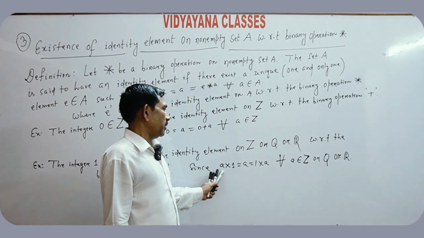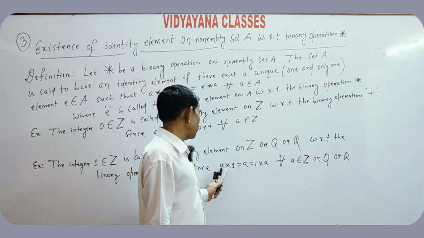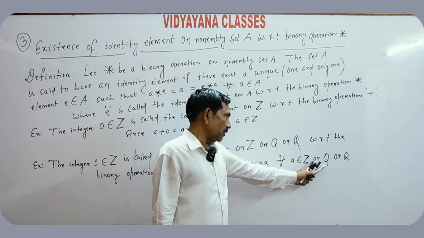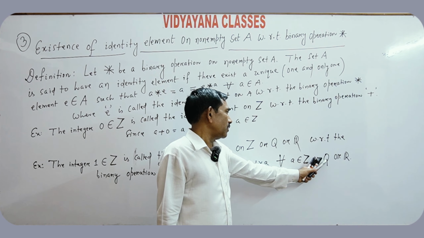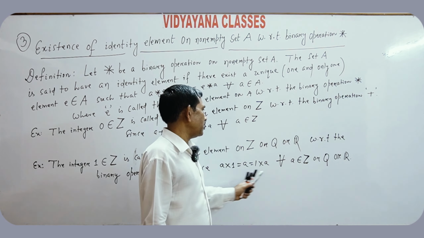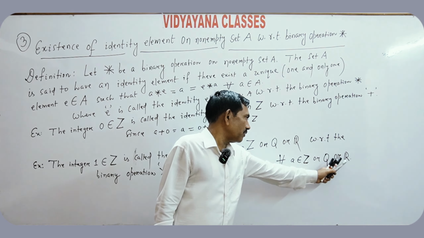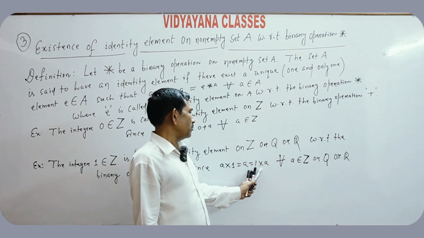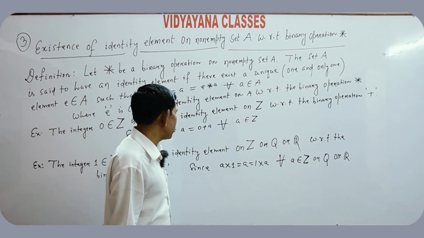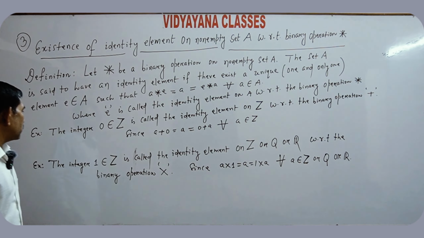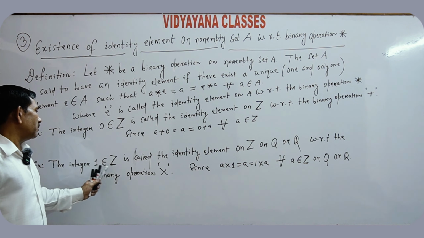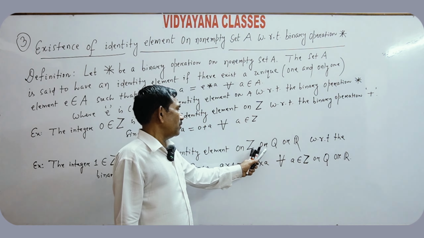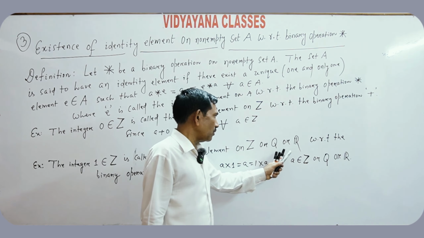A may be any element in the set of integers, rational numbers or real numbers. A into 1 is equal to A, 1 into A is equal to A. So 1 is called the identity element on Z or Q or R.